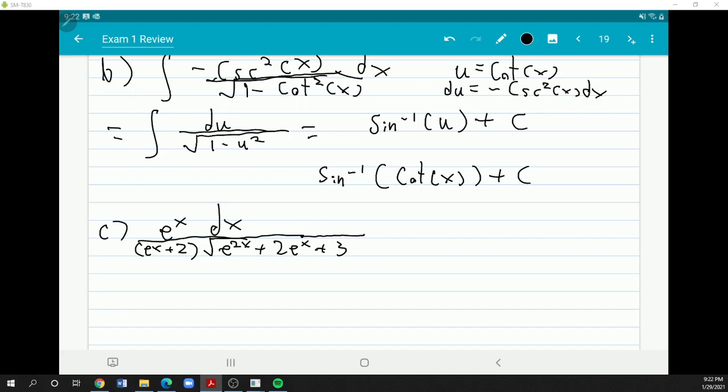Alright, this one looks pretty tough, but let's see what we can do. So that e to the x plus 2 down there in the denominator is looking suspicious, and I see its derivative e to the x on top. So let's try that.